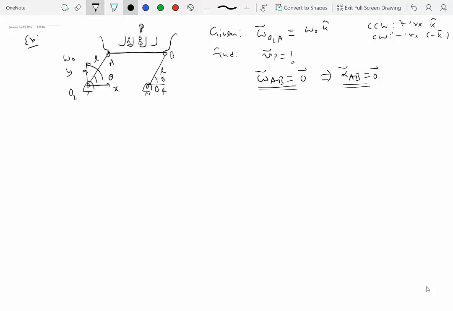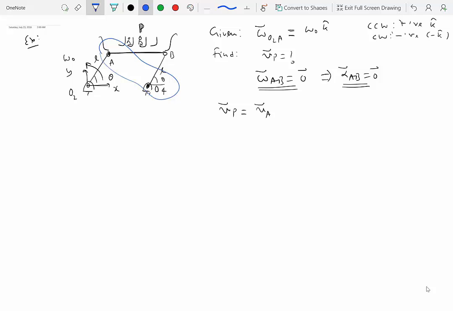this point P? Okay, so we can write velocity of point P by choosing a reference point on the AB. And remember, you always have to write this relationship for the velocity of the 2 points which belong to the same rigid body. It will be nonsensical to relate the velocity of point A with the velocity of O4, because there is no rigid body that connects A with O4. Okay, so that won't be possible.